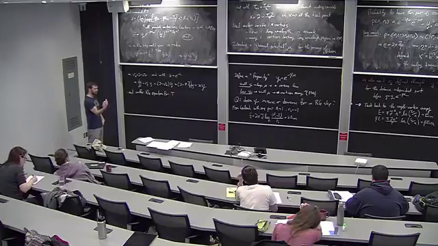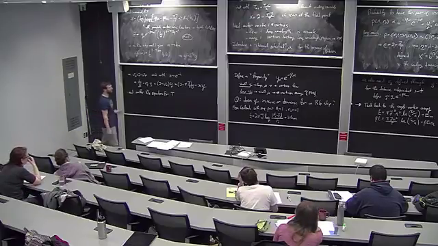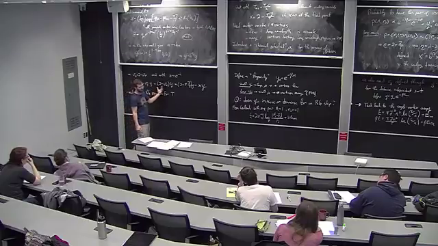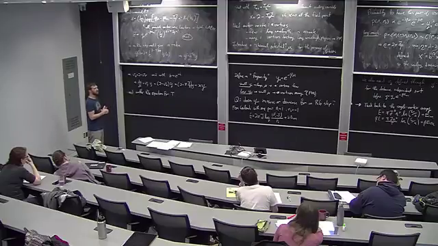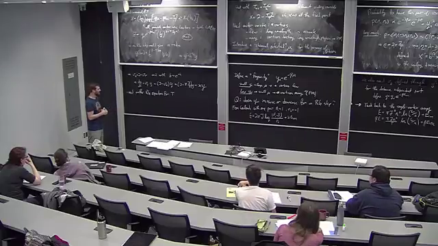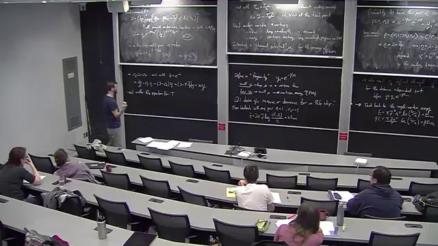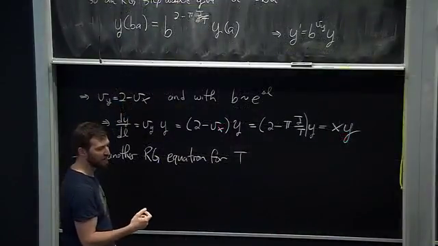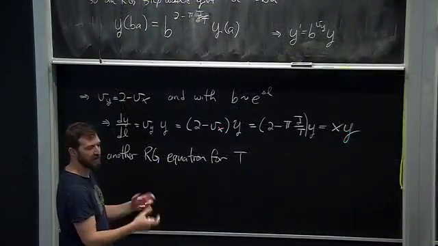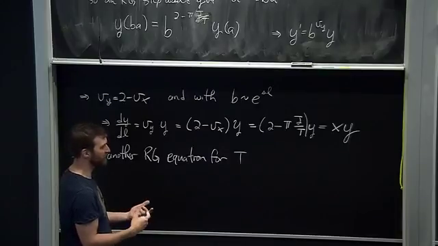I'm just going to say that if all the temperature dependence is here, in terms of the relevance or irrelevance of the fugacity, the distance from KT, then the other equation should depend in some order on y. If you expand things out to lowest order, because you have to create vortex and anti-vortex pairs together, it should be y squared.